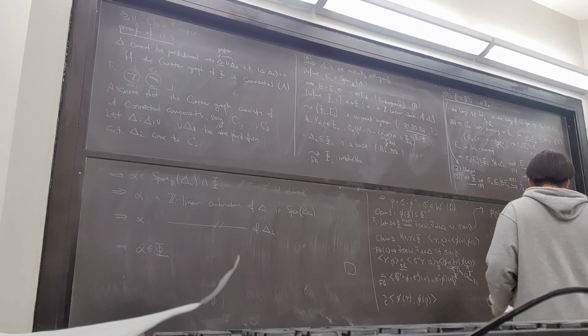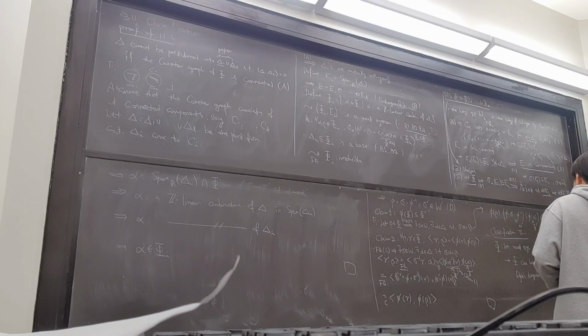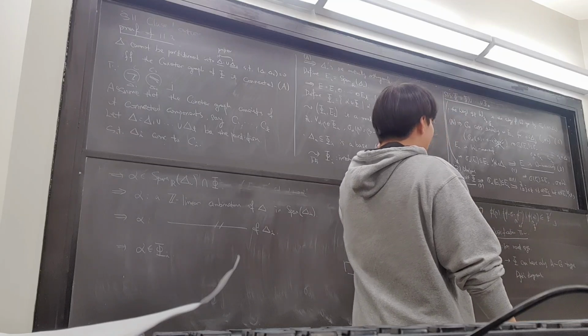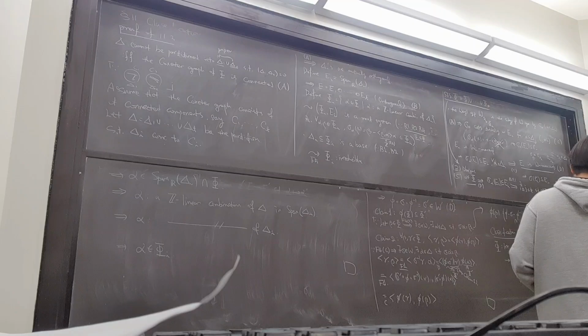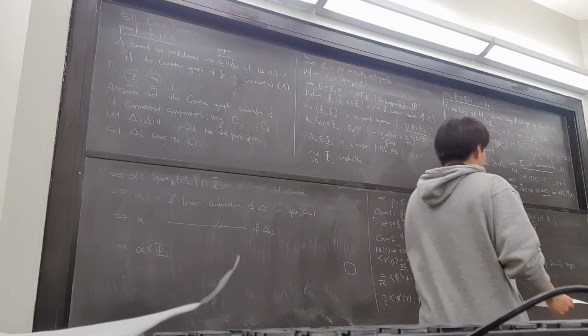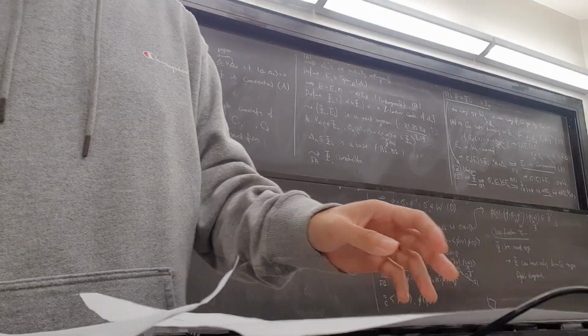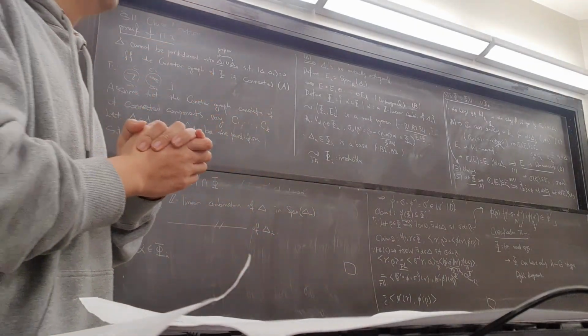Next time I will introduce the A to G cases. However, we don't know if A to G cases exist. So in the next section, section 12, we will construct A to G cases, but we will just focus on A to D cases. So this is our next talk. Yeah, that's it.